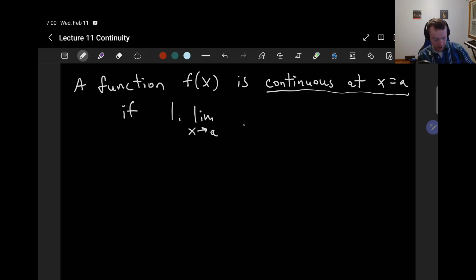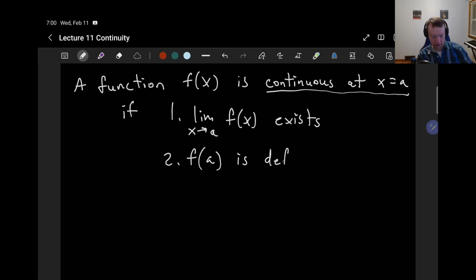Number one: the limit as x approaches a of f of x exists. Okay, good to have. Number two is like it: f of a is defined.